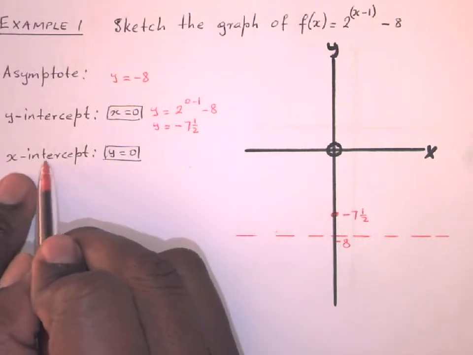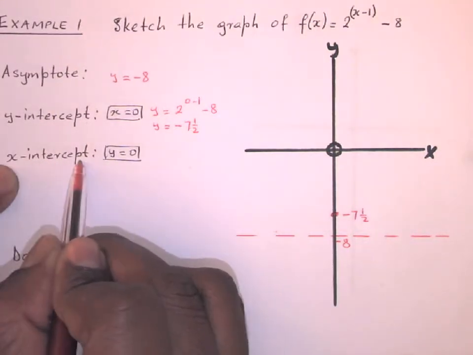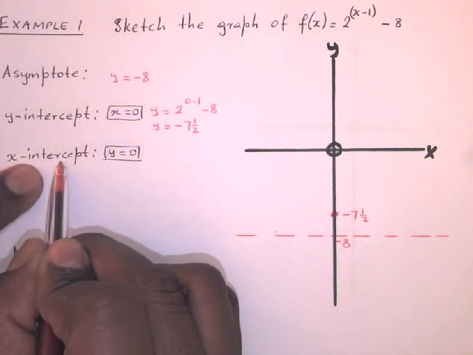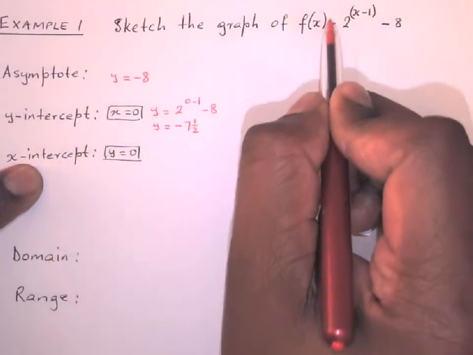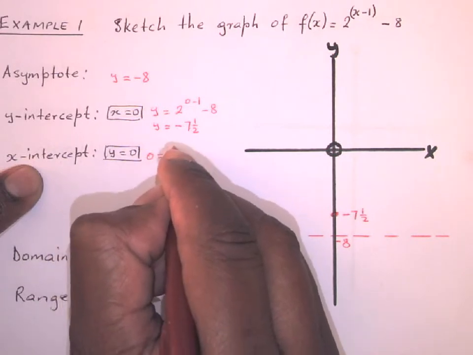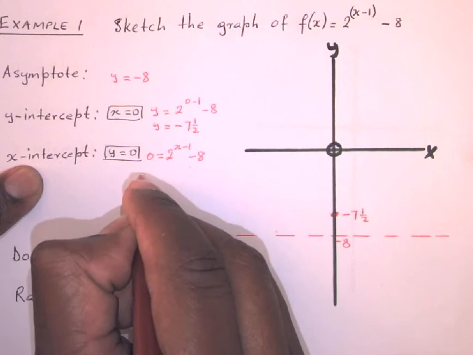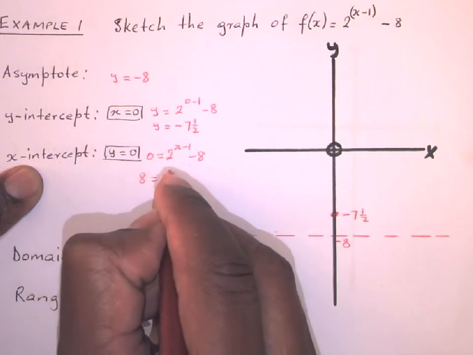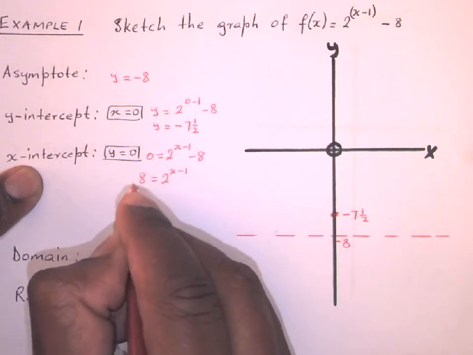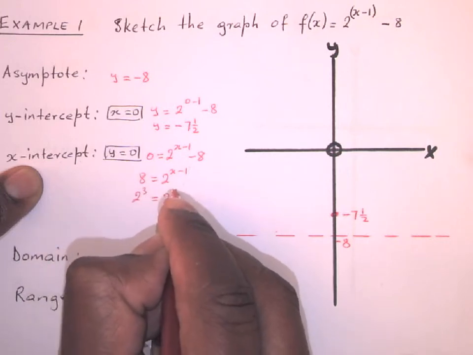So it means that it will cut the x-axis, so we need to work out the x-intercept. To find the x-intercept, we make y 0. So I will have 0 is equal to 2 exponent x minus 1, minus 8. Take minus 8 across, I get positive 8 is equal to 2 exponent x minus 1. Change base, that's 2 exponent 3 is equal to 2 exponent x minus 1.